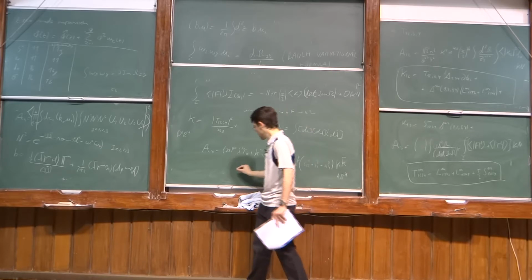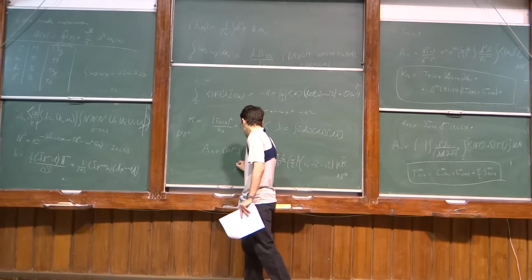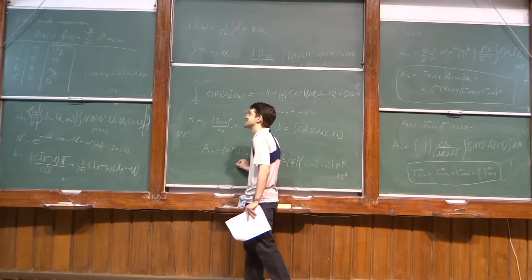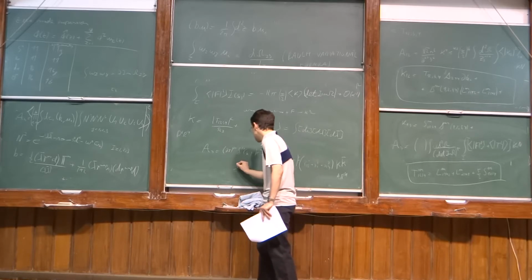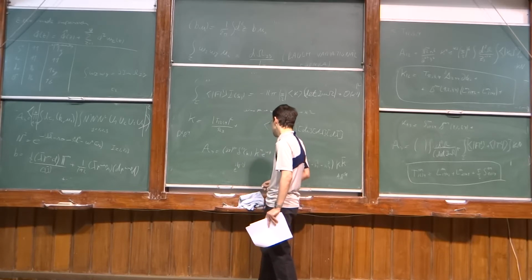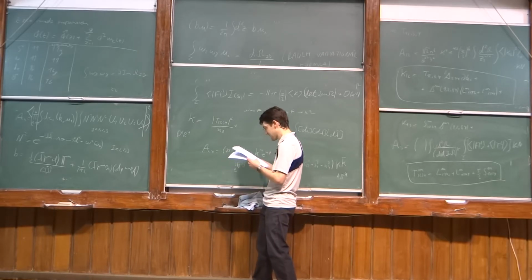It's the usual exponential of 2g minus 2, or no, g minus 2, 2g minus 2, oh my god, there's something wrong.